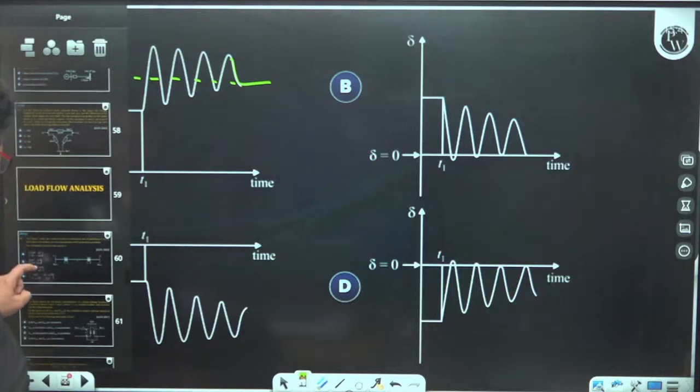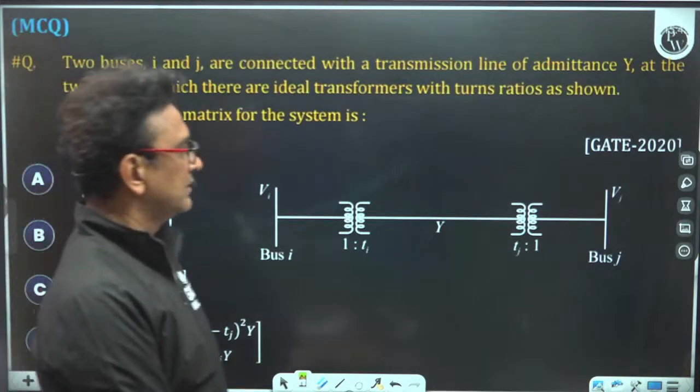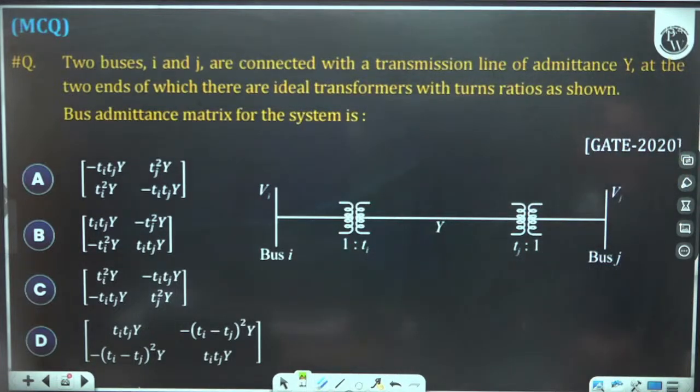Okay, now come to the load flow. The I and J buses are connected with a transmission line of admittance Y, with ideal transformers at the two ends. The turn ratios are given as 1 upon Ti, 1 upon Tj.